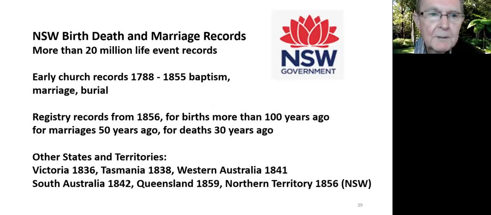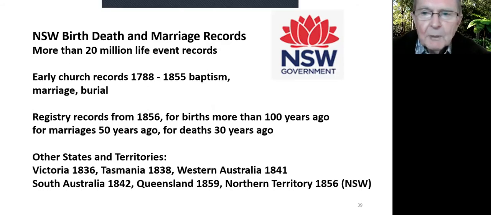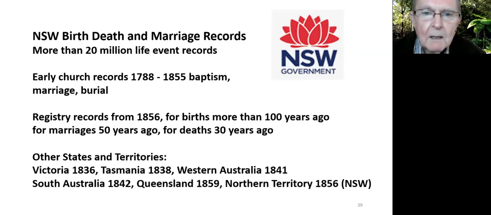So we move on now to the other people that came out to the colony, and we can find a lot of them through the New South Wales birth, death and marriage record. Now the records, there's more than 20 million life events recorded through this facility.